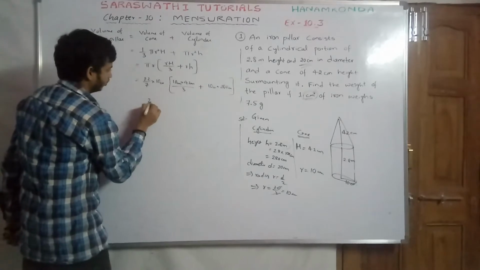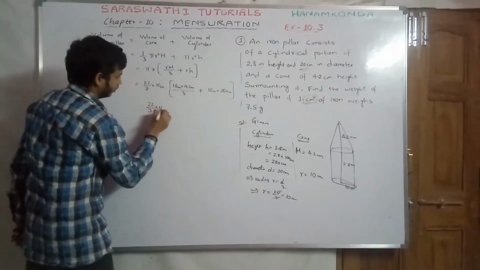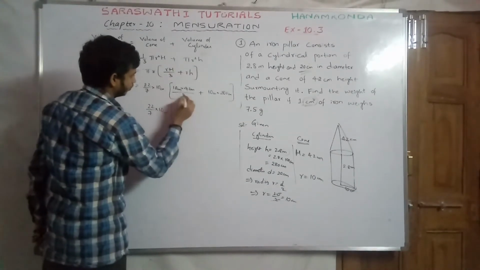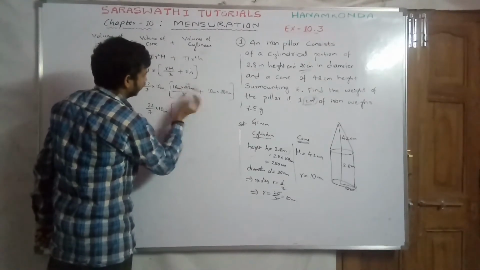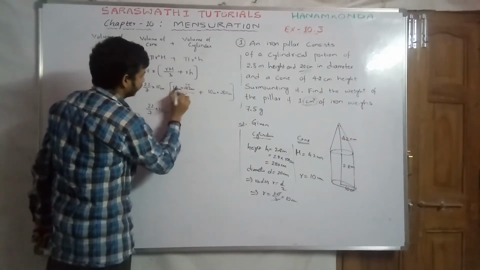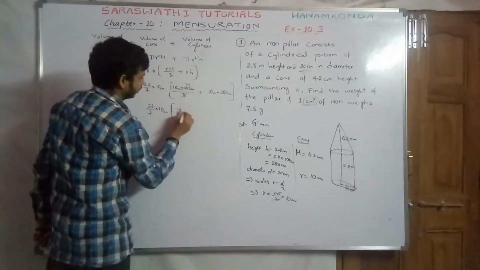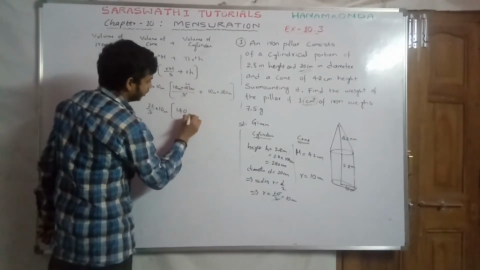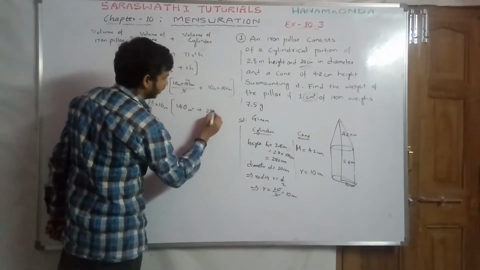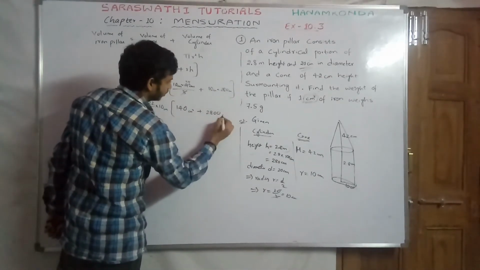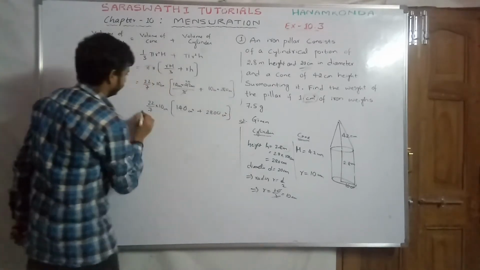Okay, so 22 by 7 into 10 centimeters into 42 by 3, we can get 3 14 is 42. So 10 into 14, that means 140 centimeter into centimeter is centimeters square, plus 10 into 280, that means 2800 centimeters square.